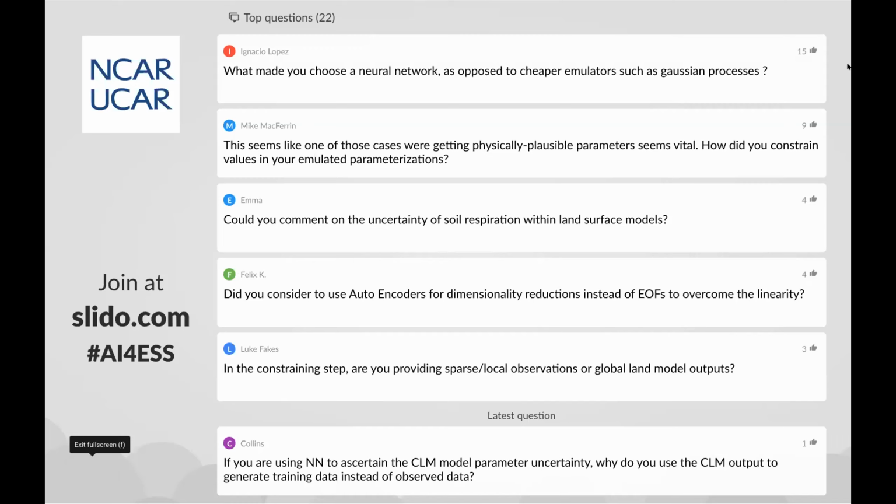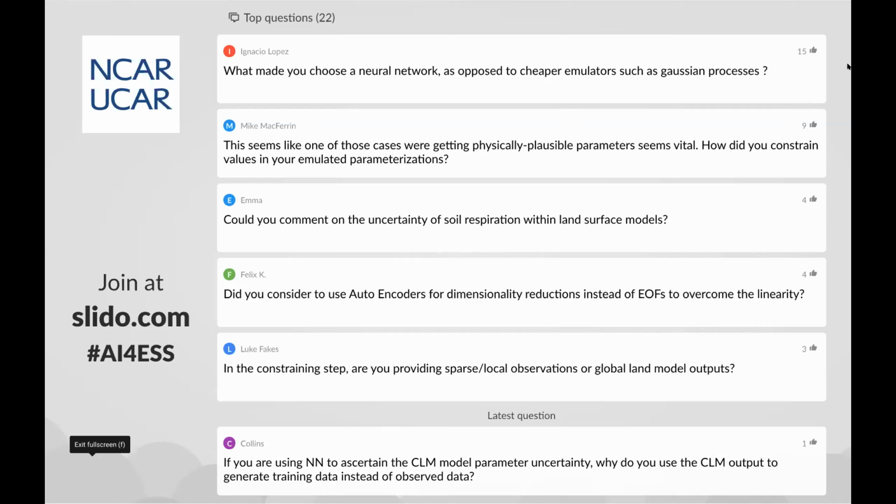Okay, so the first question is from Ignacio. What made you choose a neural network as opposed to cheaper emulators such as Gaussian processes? Yeah, it's a good question. For this work, we haven't really tried different emulators or different algorithms. I know that Ben had looked at random forests and found that the emulation skill wasn't as good as artificial neural networks.